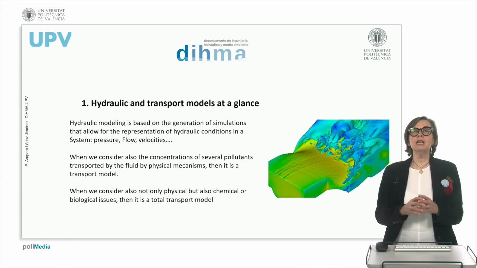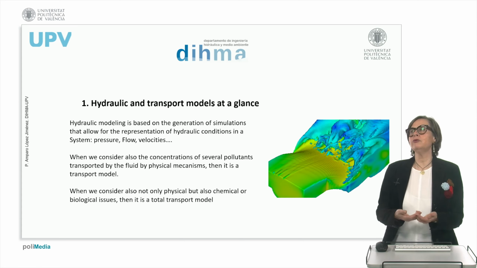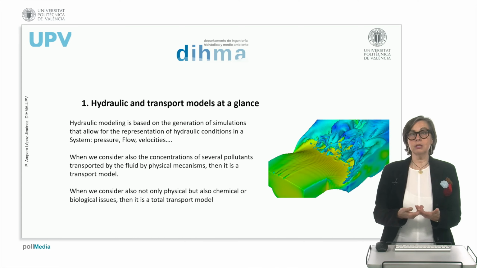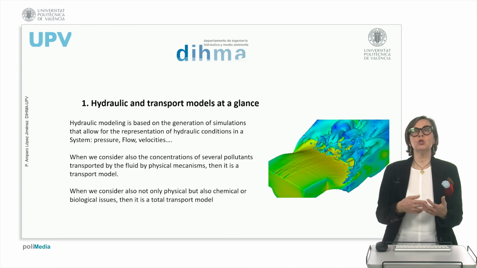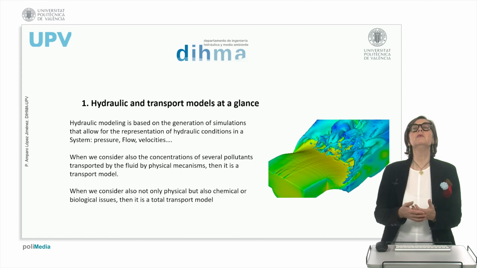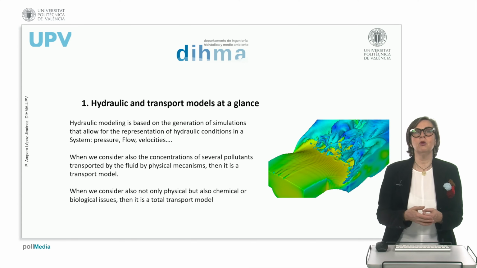So hydraulic models are a representation of the reality, and they represent hydraulic variables: pressure, velocities, at any times, flows, levels. They represent these variables by solving equations generally, because we are speaking about computational models, but they can also be physical models.